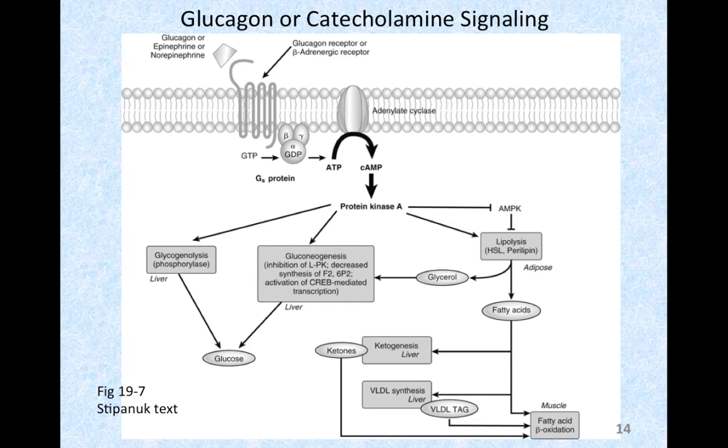What else? Oh, the fatty acids. Now this is, again, kind of an indirect way, but those fatty acids that are released by adipose tissue can go into the blood. They can be taken up by the liver. The liver can take the fatty acids, convert them to triglycerides, and then put those triglycerides into VLDL, which then go into the blood, and those VLDL can interact with lipoprotein lipase on adjacent tissue next to muscle, and then they can be converted to fatty acids and used for beta oxidation.